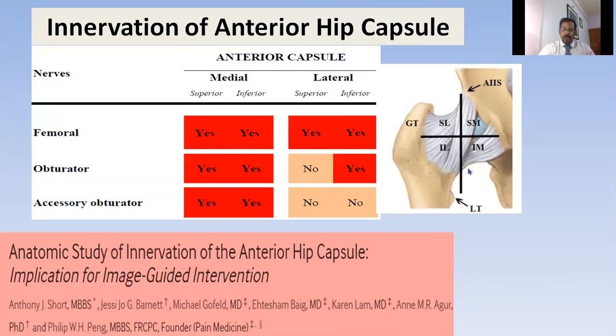So femoral nerve has contribution everywhere, but if you see the contribution of the obturator, it is mainly in the superior and inferior medial quadrant, and the accessory obturator nerve only supplies the medial quadrant, both superior and inferior.